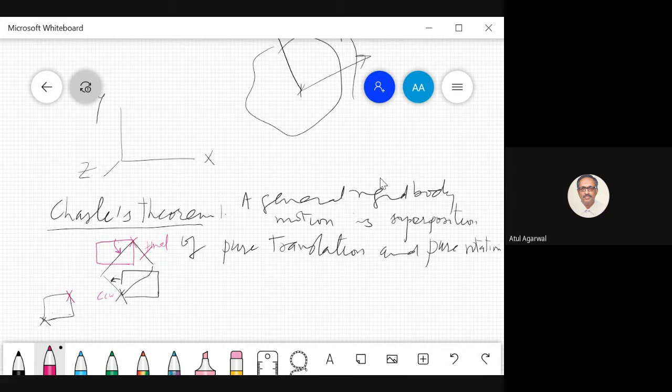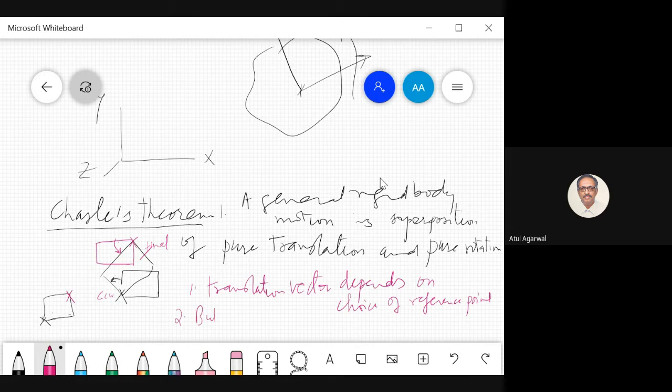So this is one important thing. The translation vector depends on choice of reference point. In this case, translation vector was different. In this case, translation vector was different.